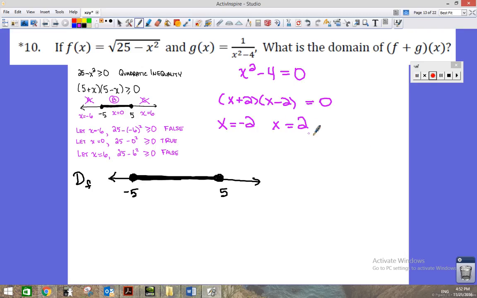So -2 and +2. -2 and +2 are inside my region of -5 and +5. That's going to be important to notice here in just a second, because we do not want our domain for G or the domain of f plus G to contain -2 or +2.